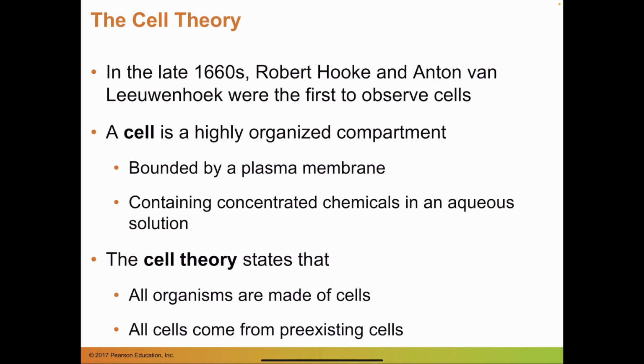So by definition, a cell is a highly organized compartment. So it's a container, basically. It has a plasma membrane surrounding it, and it has stuff on the inside of it. Okay, so it's got a bunch of chemicals on the inside, and it is an aqueous solution.